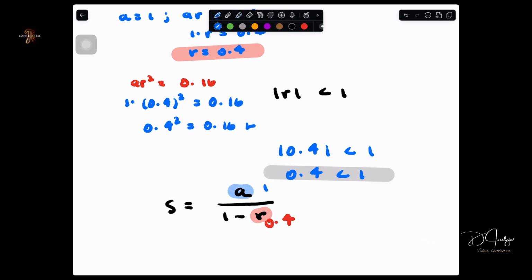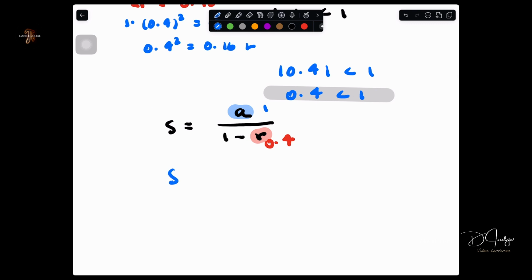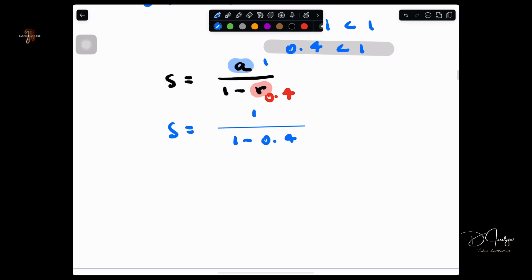So we plug in the values for the sum here. So we get 1 over 1 minus 0.4, which is 1 over 0.6, which is 1 over 6/10, which is 10/6, or better yet, 5/2.